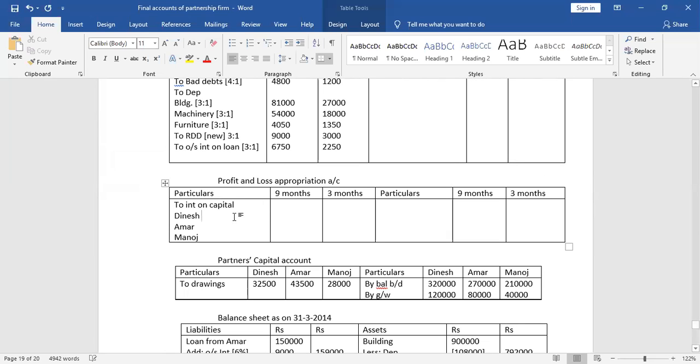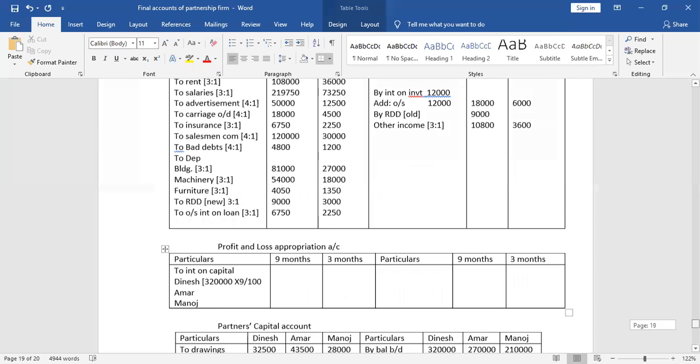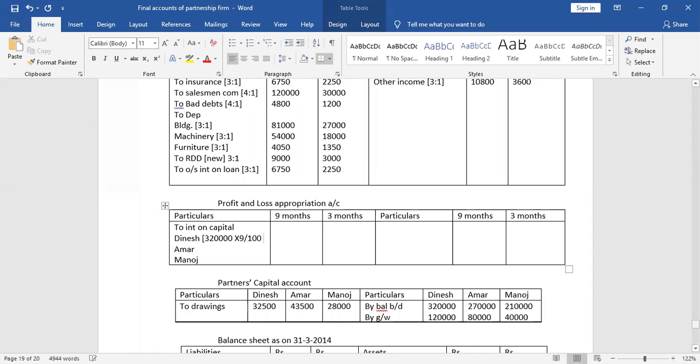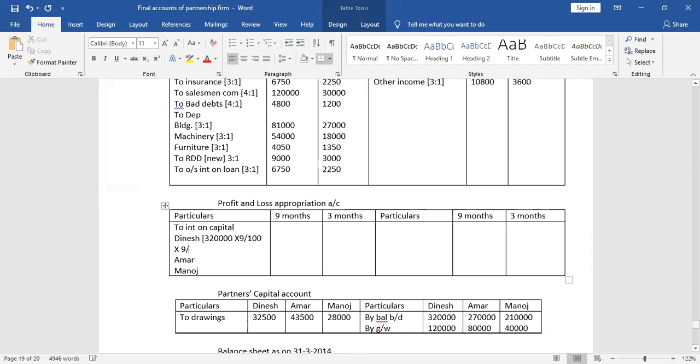So 9 months के लिए how much is the amount? 3,20,000 into 9 into how much percent? 9%, 9 upon 100, into 9 months, 9 divide by 12 because before retirement के लिए and after retirement तो दिनेश है ही नहीं, तो 9 month and 3 months का निकालना है. तो how much are you getting? दिनेश का you get 21,600. यहाँ पे तो he has got retired तो यहाँ पे कुछ भी इंटरेस्ट नहीं आएगा.